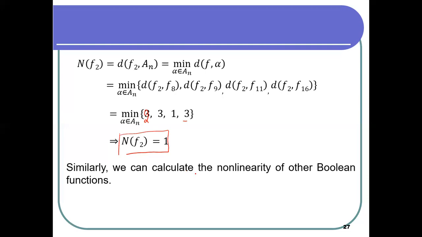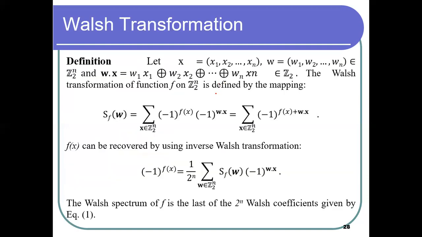So this is one of the mechanisms to calculate the nonlinearity by using the minimum of Hamming distance. There are other criteria through which we can calculate the nonlinearity of a Boolean function, likewise by using the Walsh transformation. By definition, let x be any vector and w be another vector belonging to the binary n vector space.